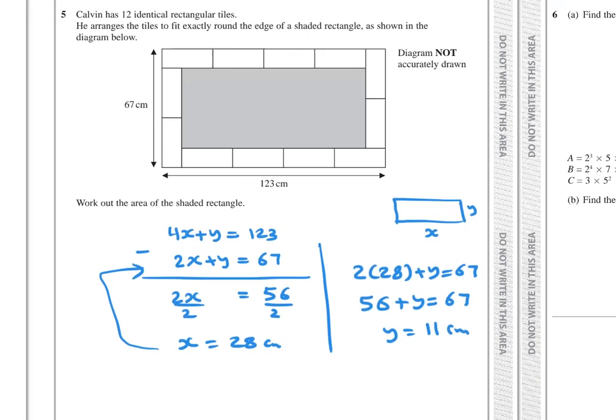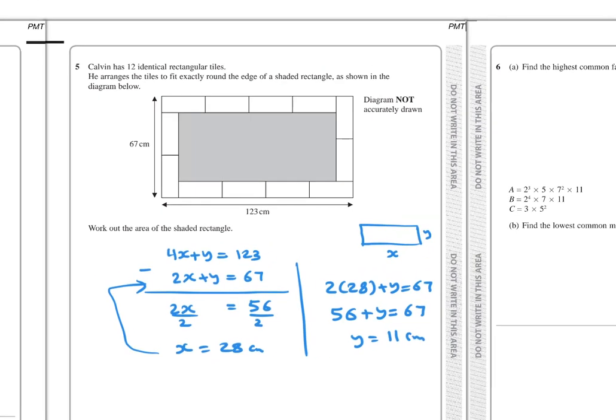Now we have x and y. Then we can find the length and the width of the shaded rectangle. The length equals x plus x plus x plus this distance. This distance equals x minus y. x equals 28 and y equals 11. So 28 minus 11 equals 17.